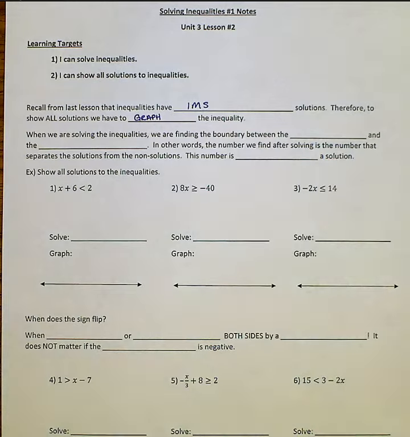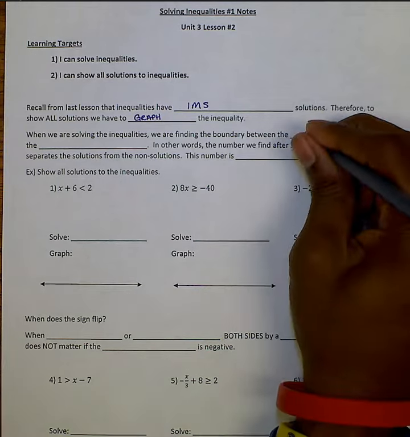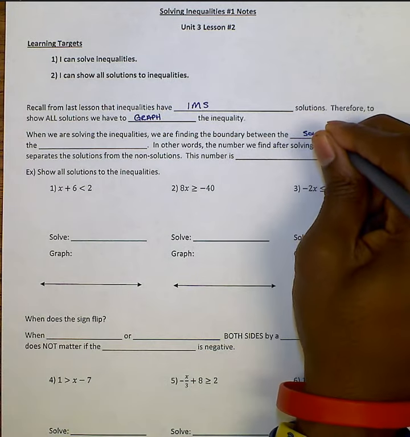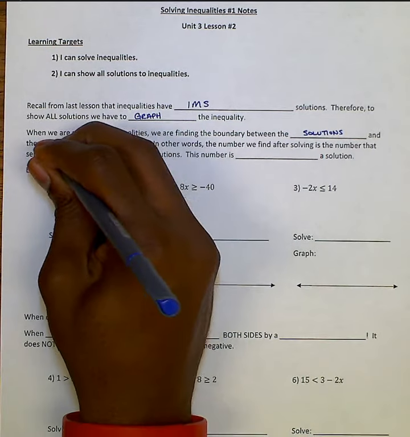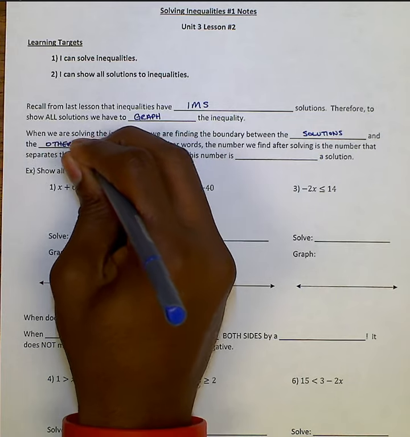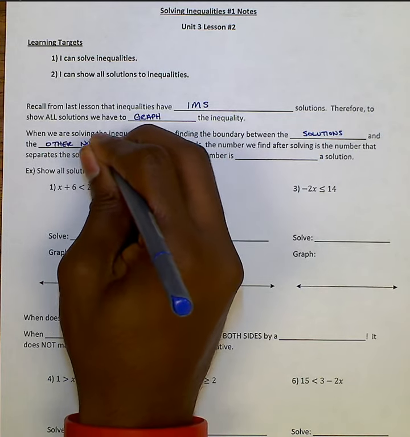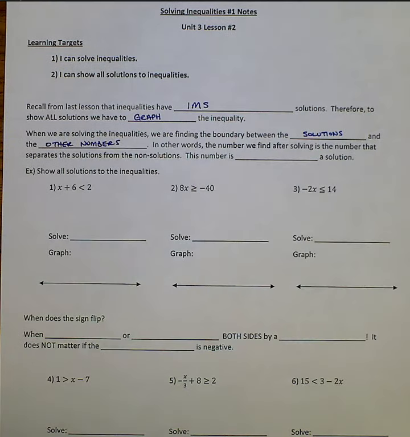Remember, when we are solving inequalities, we are finding the boundary between the solutions and the other numbers. In other words, the number we find after solving is the number that separates the solutions from the non-solutions.